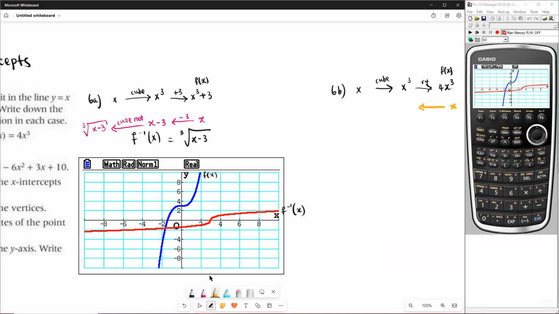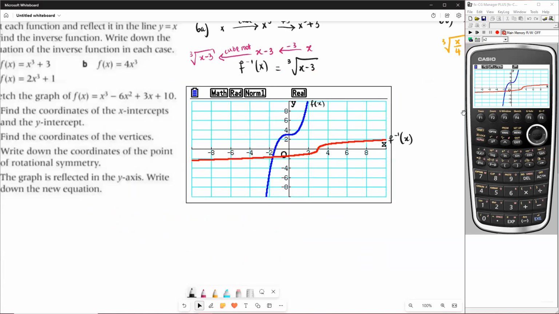First, we do the inverse of multiplying by 4, which is to divide by 4. So it would be x divided by 4. Then we do the inverse of a cube, which is cube root. So that's your inverse. It's the cube root of x divided by 4.